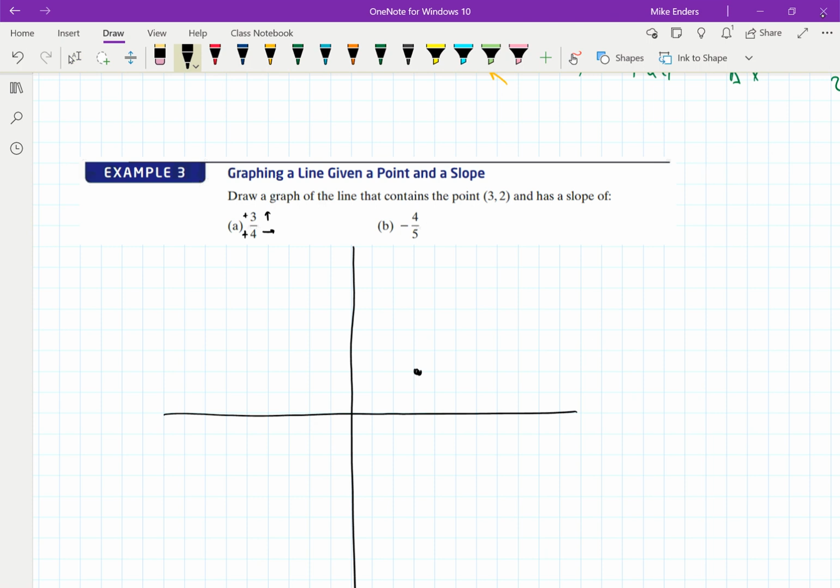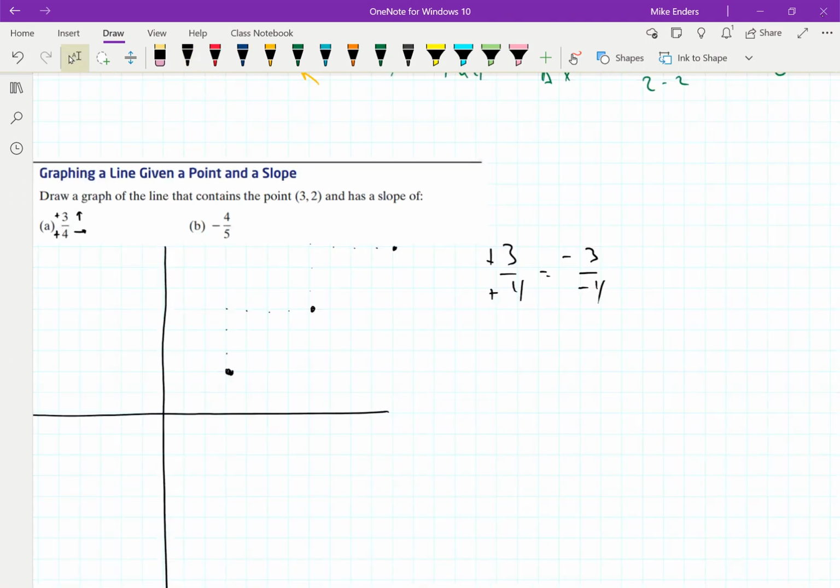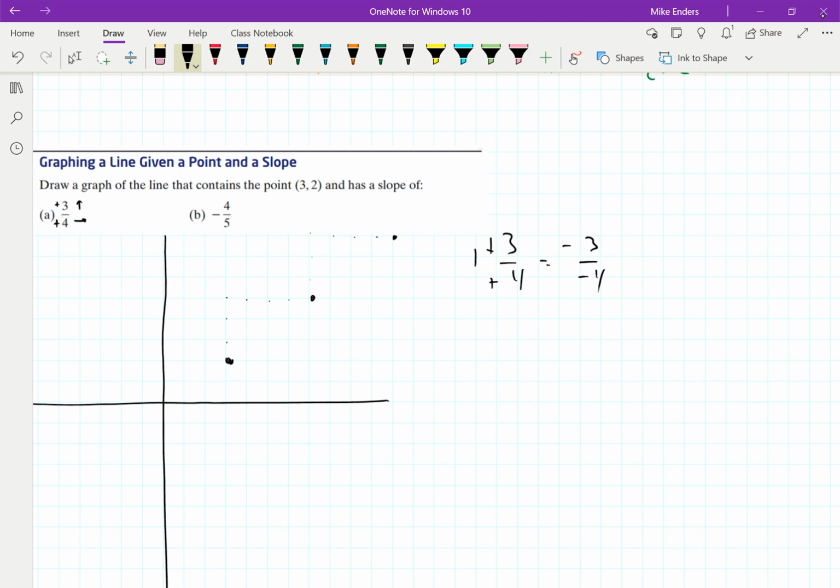So I'm going to start at this point here, and go up 1, 2, 3, and then 1, 2, 3, 4 across. I can do that same thing again. I can also reverse that. If I reverse both of those, instead of +3 over +4, I make it -3 over -4. The +3 meant go up and the +4 meant go right, so -3 means go down, and -4 means go left.